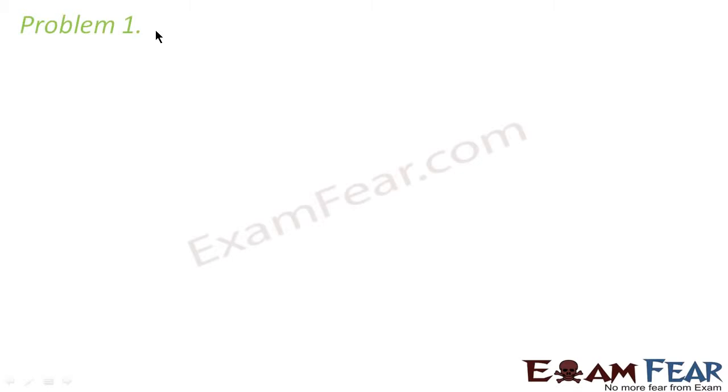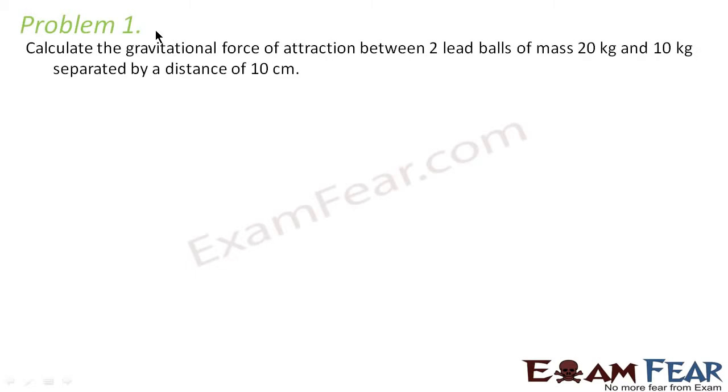Now let us go ahead and look at some simple problems based on whatever we have studied. Let us see problem 1. It says: calculate the gravitational force of attraction between two lead balls of mass 20 kg and 10 kg separated by a distance of 10 centimeters. So we are given M1 equal to 20 kg, M2 equal to 10 kg. The distance between them, R, is 10 centimeters.